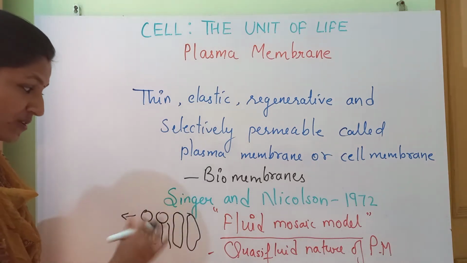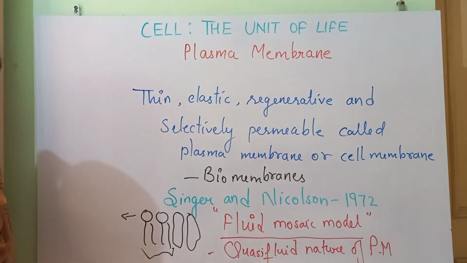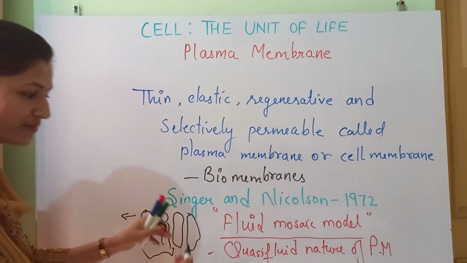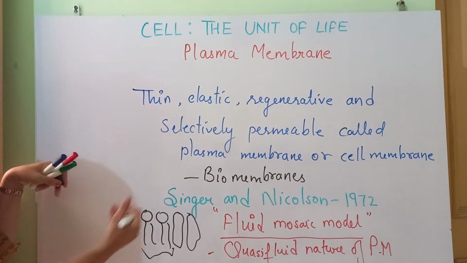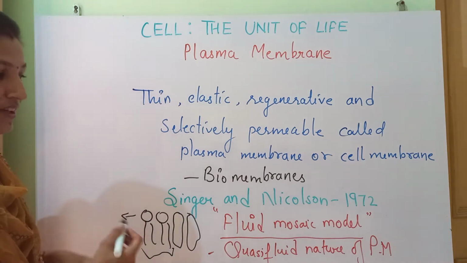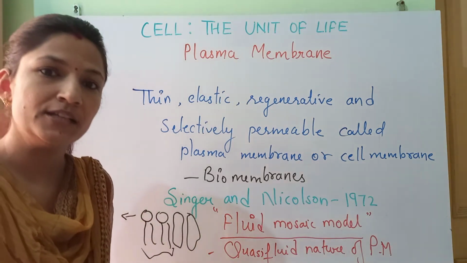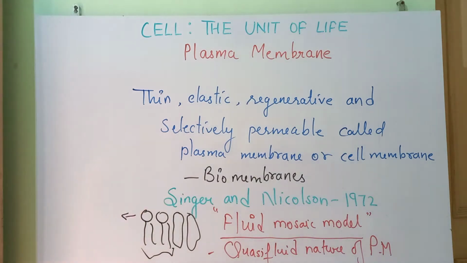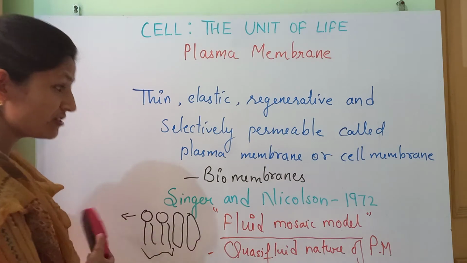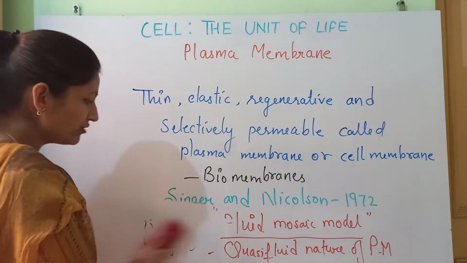Fine. So this is because these lipids are moving. With the help of these lipids, the proteins are also showing movement along with them. They are moving within the layer of the lipid. Fine. And what significance does this fluid nature provide? We'll discuss that also.